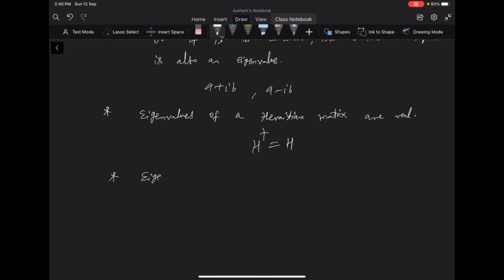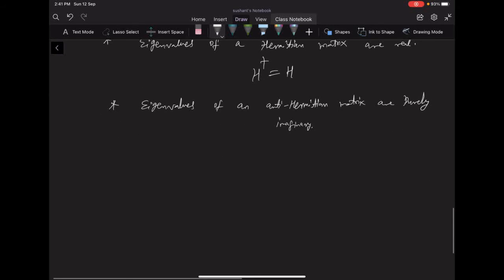The fifth point is that the eigenvalues of an anti-Hermitian matrix are purely imaginary. So the eigenvalues of an anti-Hermitian matrix are of the form iota times some number.